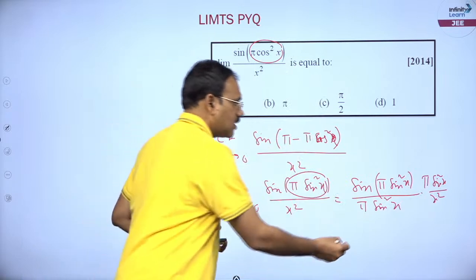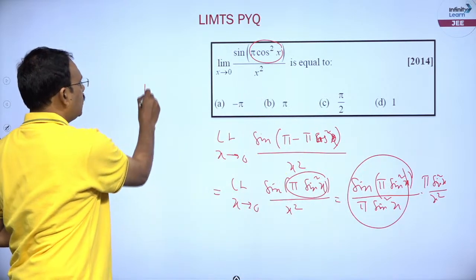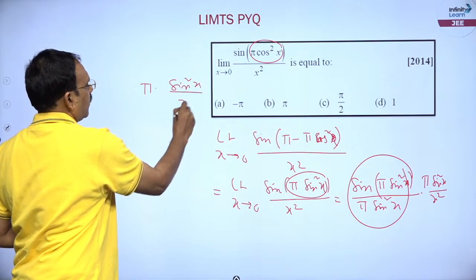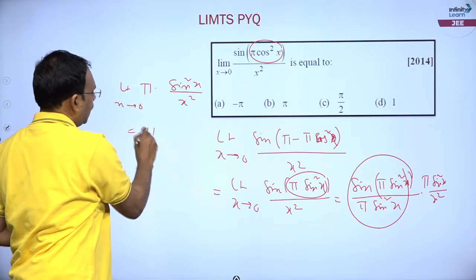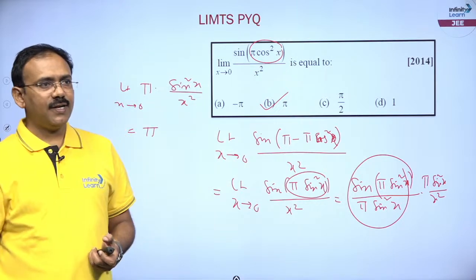Now as x tends to 0, this becomes 1, so you will get pi into sin square x by x square, as x tends to 0 will become pi. That is the beauty in this problem, right dear students?